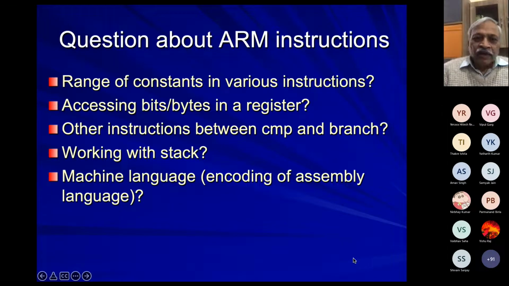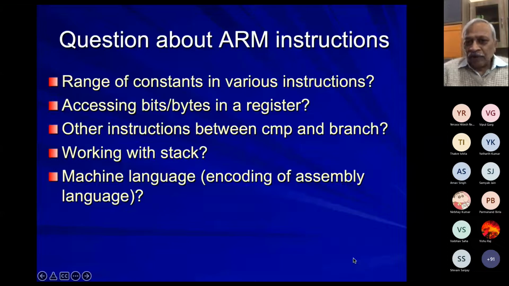Then the next thing we'll look at is, well, not necessarily in this order, how do you deal with individual bits or bytes in a register? Then what happens if you make a comparison, and before the branch you have some other instructions.